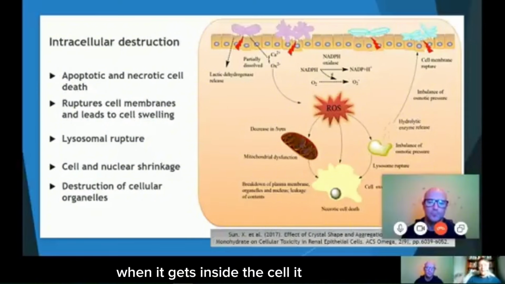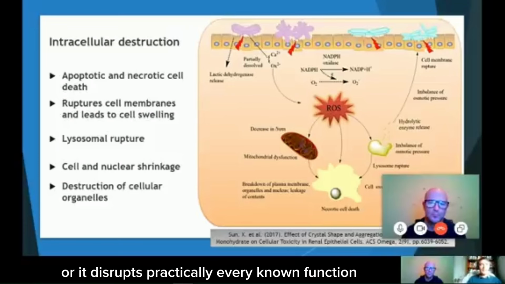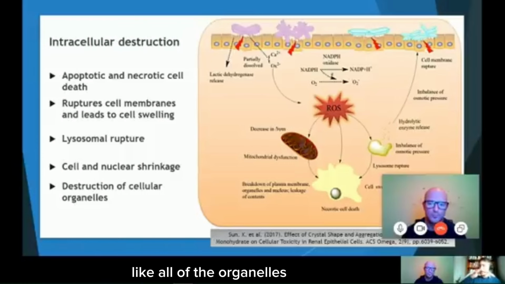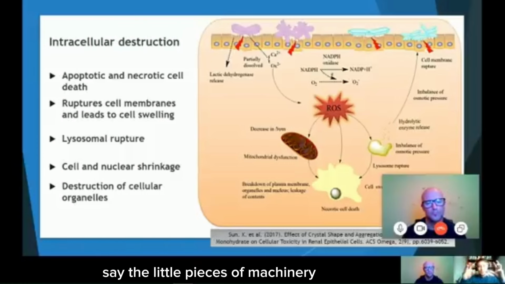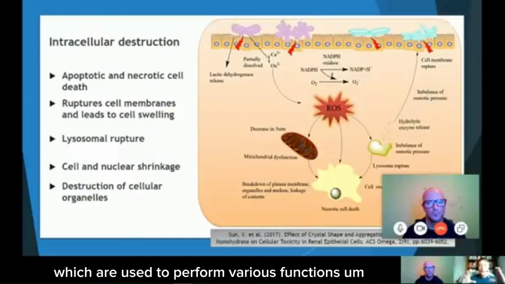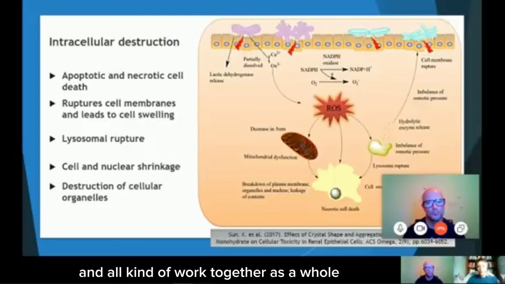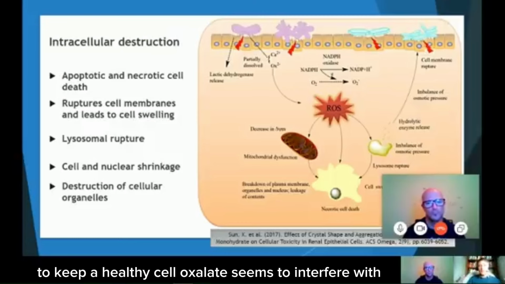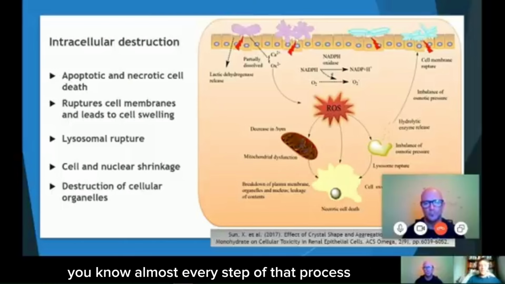When it gets inside the cell, it interferes or disrupts practically every known function, like all of the organelles, the little pieces of machinery inside the cell which are used to perform various functions, and all work together as a whole to keep a healthy cell. Oxalate seems to interfere with almost every step of that process.